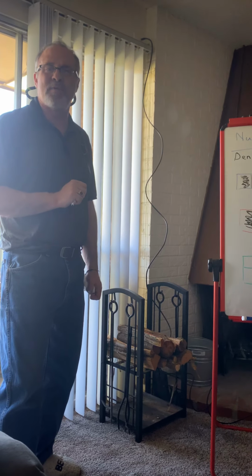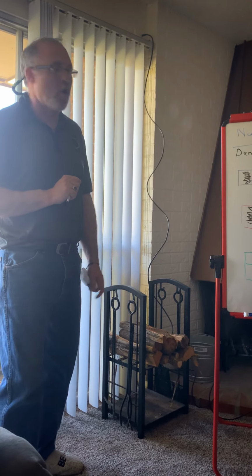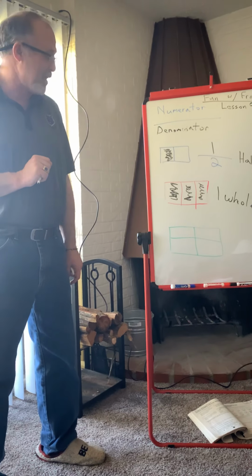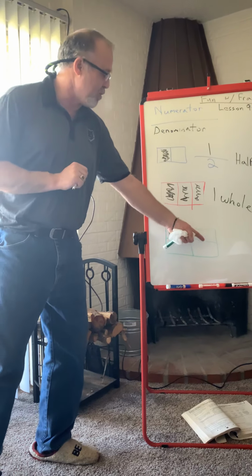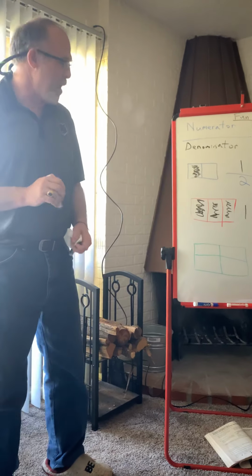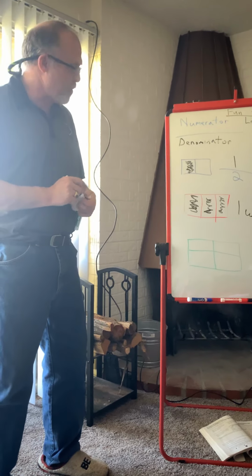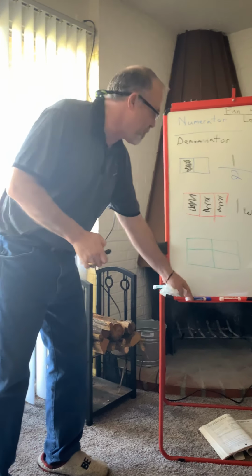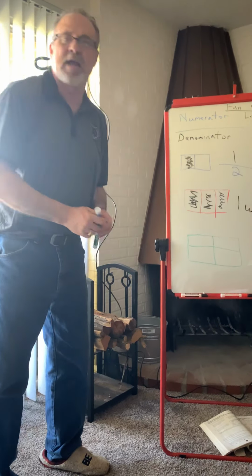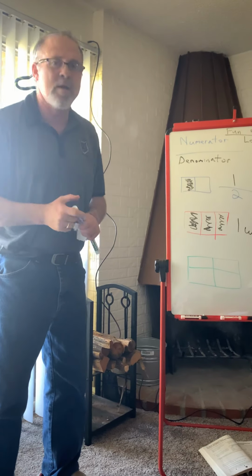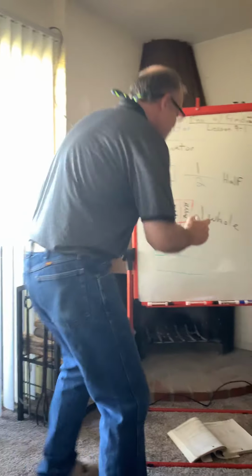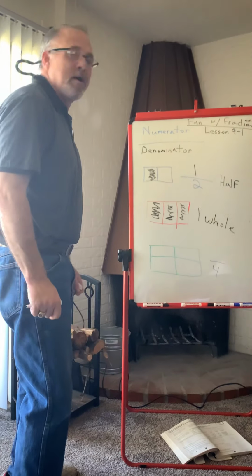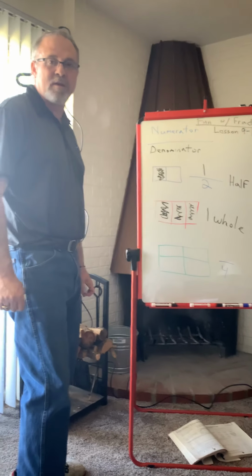Okay, so let's go to the last box here. How many pieces do I have of this whole? This is a whole here. Let's count: 1, 2, 3, 4. So what's the denominator going to be? If I have 4 pieces, did I hear right that someone said 4? That's right. The denominator is going to be a 4. Got it so far? Good.